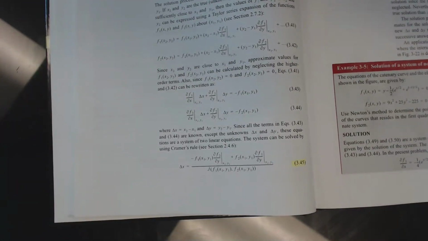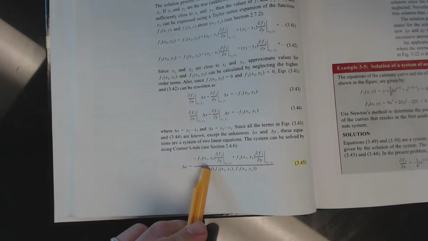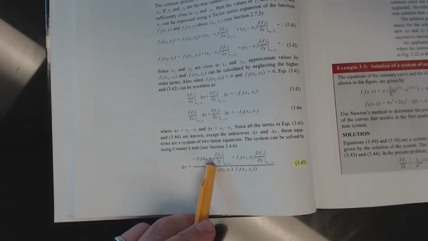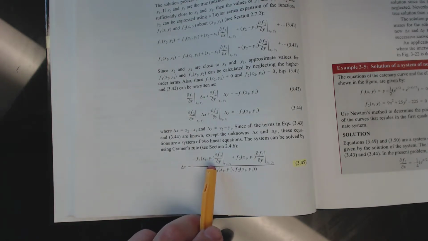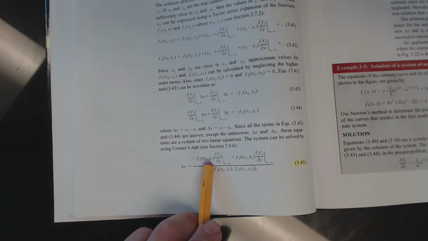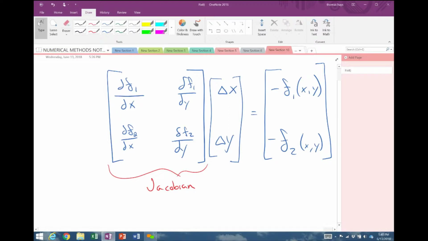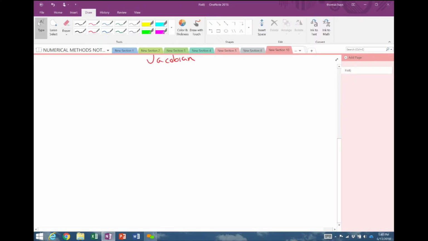So if we go back to the textbook and look at equations 345 and 346, which are unfortunately on different sides of the page, but they are of the same family and style, you will notice the Jacobian determinant on the left-hand side. If you remember Cramer's rule, in general form, you take the solution vector and substitute it in to where you would otherwise have A12 and A22.